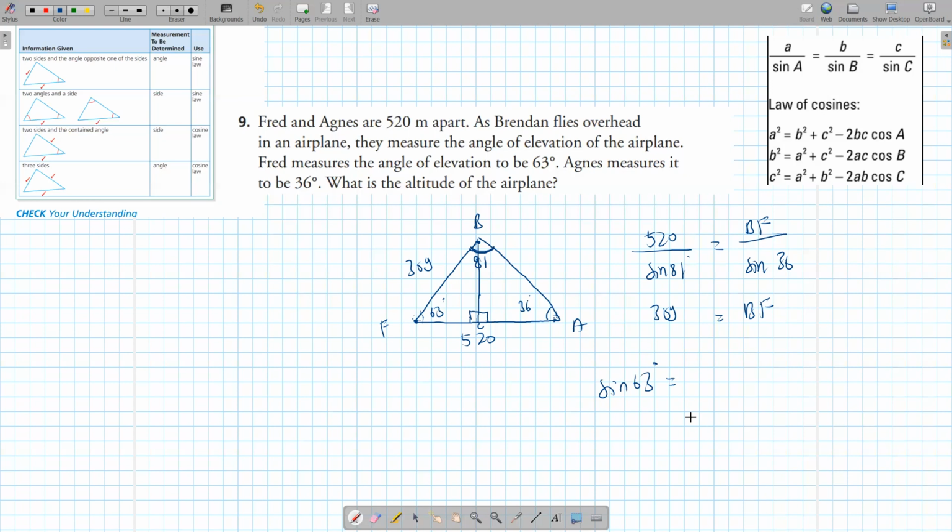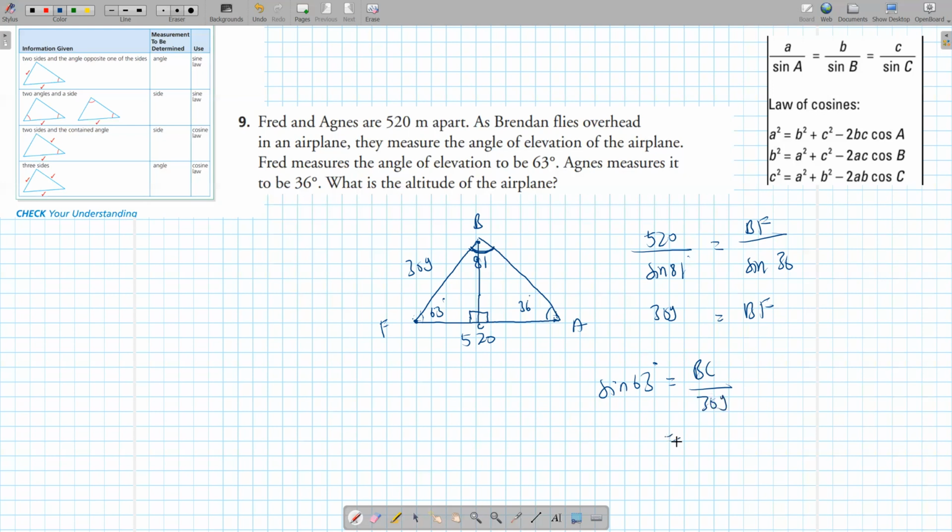BC, this side, over the hypotenuse, which is 309.